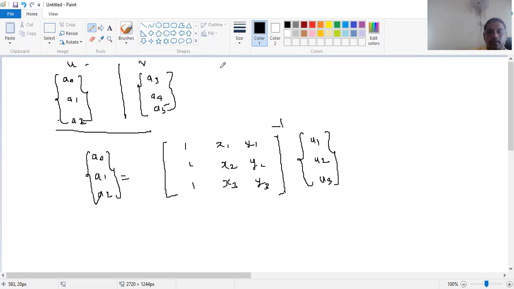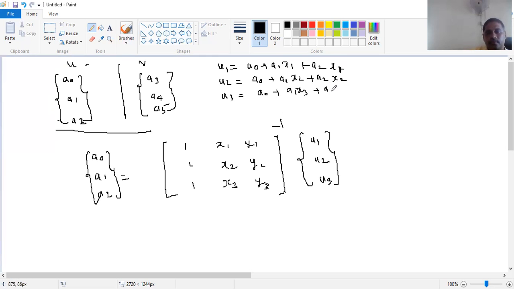From this simultaneous equation, what we have derived is u1 is equal to a0 plus a1 into x1 plus a2 into y1. Similarly, u2 is equal to what? a0 plus a1 into x2 plus a2 into y2. Similarly, u3 is equal to what? a0 plus a1 into x3 plus a2 into y3. So if you put it in the matrix form, I will write here.